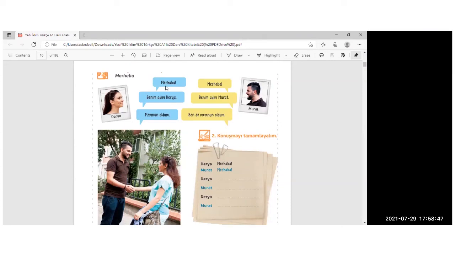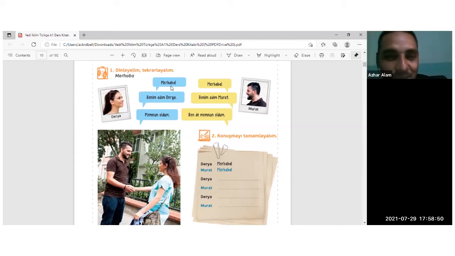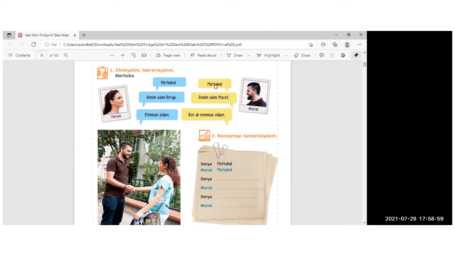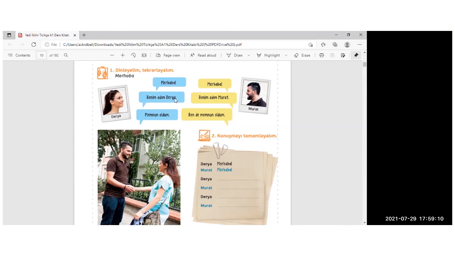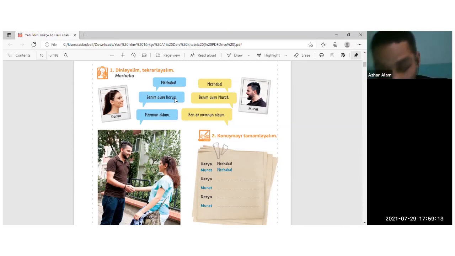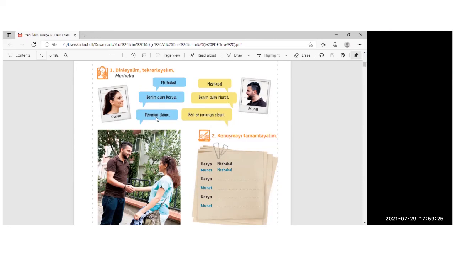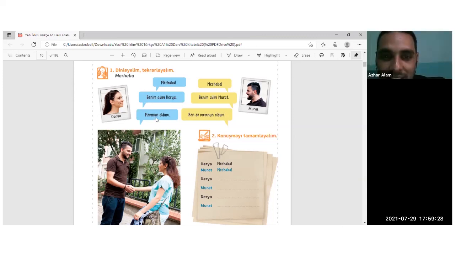Thank you so much. I give this to all my students: merhaba. If you say merhaba, it means hi. You know this. Merhaba. Benim adim, my name. Benim adim Deria, my name is Deria. We will read this through our methodology, but we are just reading some sentences so that you will be used to it. Benim adim Murad. My name is Murad. Clear? If you can read this, memnun oldum.